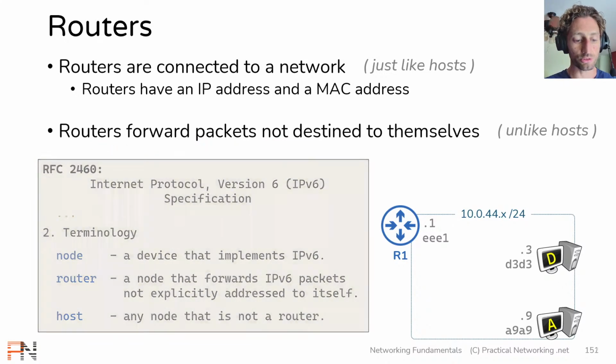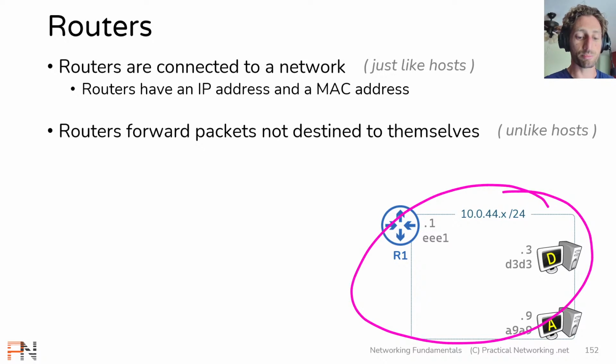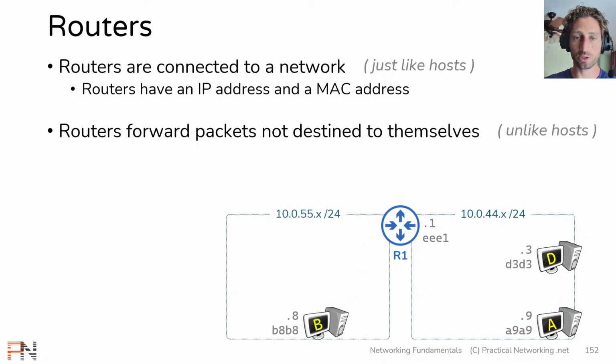Now, in order to forward packets not destined to themselves, we have to have other destinations that exist. For now, our topology only has one network. So let's go ahead and add another network to our topology. Just like over here, in order to attach the router to the 10.0.44 network, we had to configure the router with an IP address and use the router's NIC, therefore its MAC address.